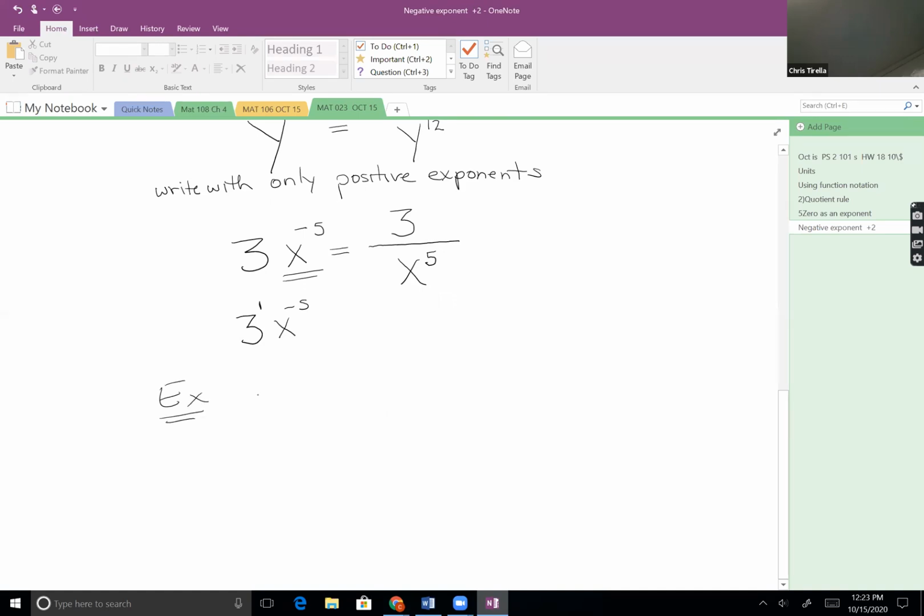Next example, if I have z to the 10th times z to the negative third, what I would do here is I would simplify before I start moving things around using the multiplication product rule.